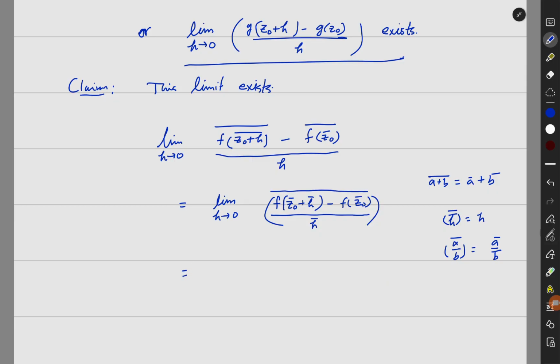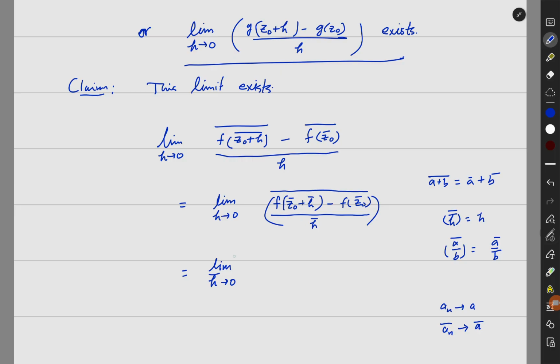Now what is written inside: the limit when h tends to 0 or h bar tends to 0 gives us the same thing. H bar tending to 0, we can replace h by h bar. One thing is that when a n converges to a, a n bar converges to a bar.